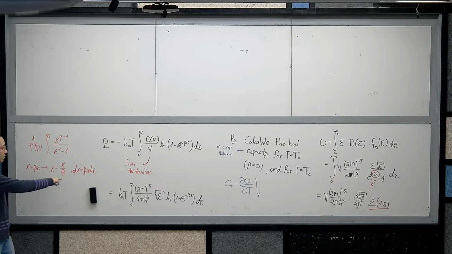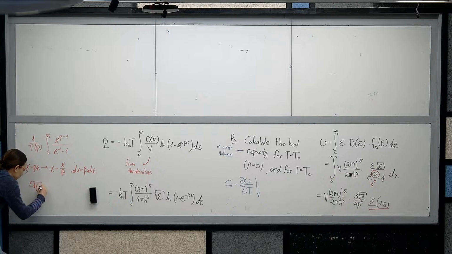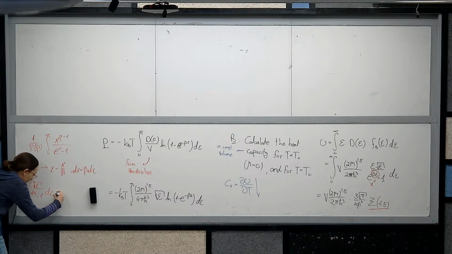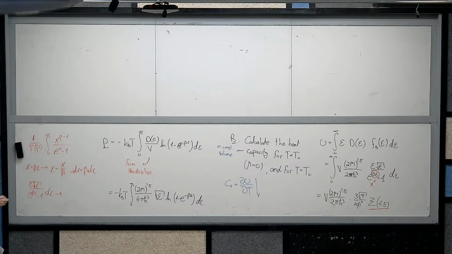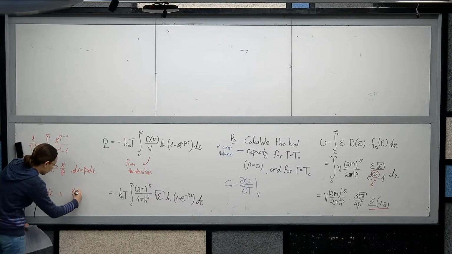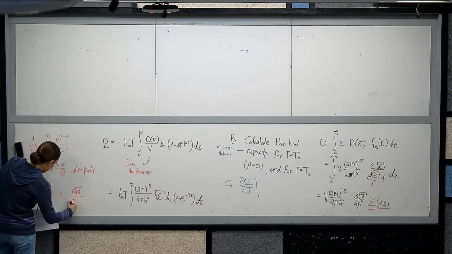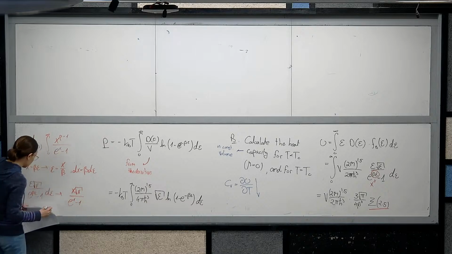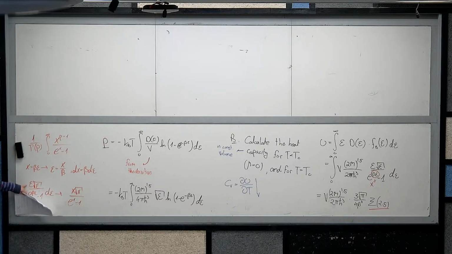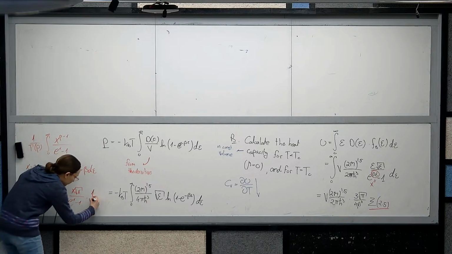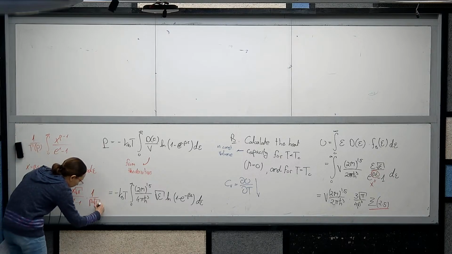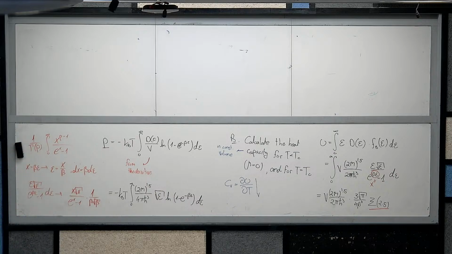Then we're changing variables and getting the square root of epsilon divided by this exponent. So we have x squared x divided by e^x minus 1, times 1 over beta squared beta, right?